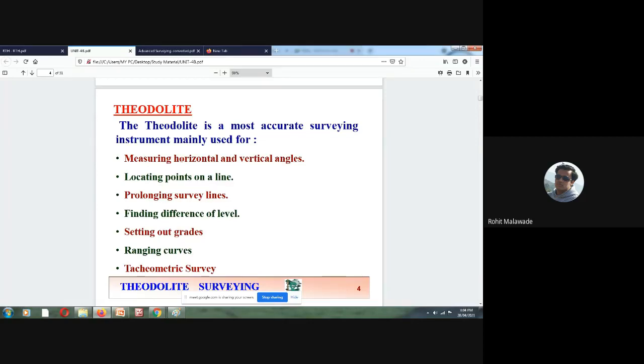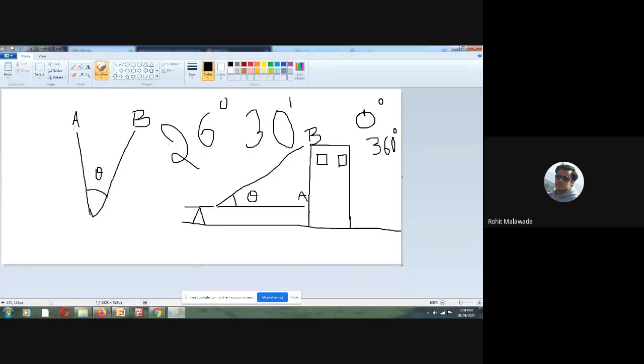On a plain ground, if we want to measure two points present at different positions, and measure the horizontal angle between them, this diagram is for the horizontal angle and this diagram is for the vertical angle.